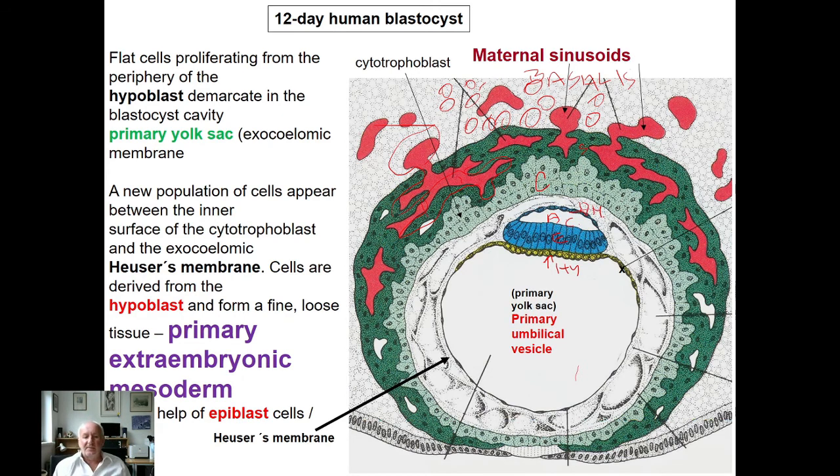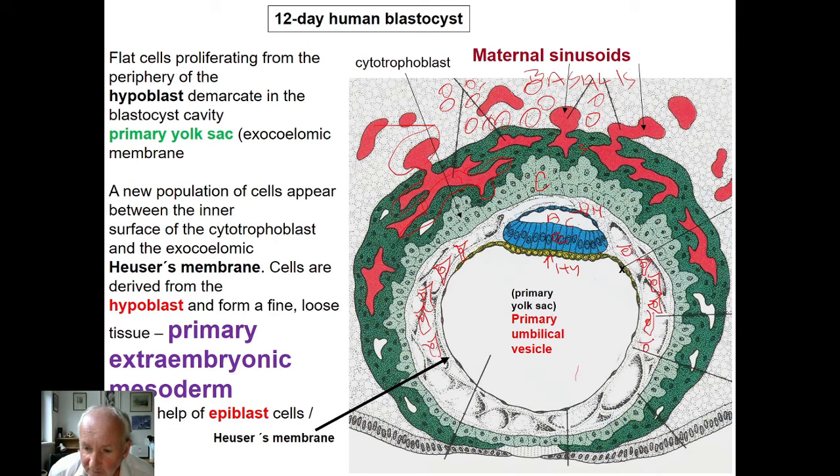What is new on this picture? In this moment, we see in this former cavity of the blastocyst new cells. Very small, irregular star-shaped cells which are starting to fill the cavity of the blastocyst, with very short processes.